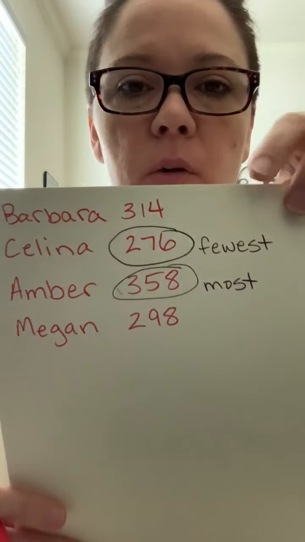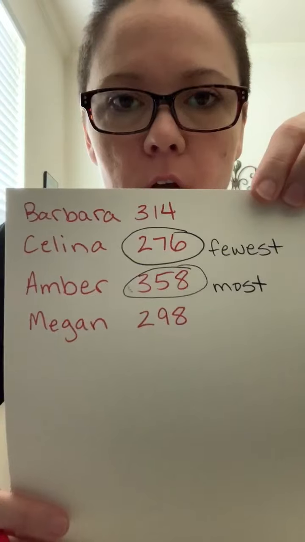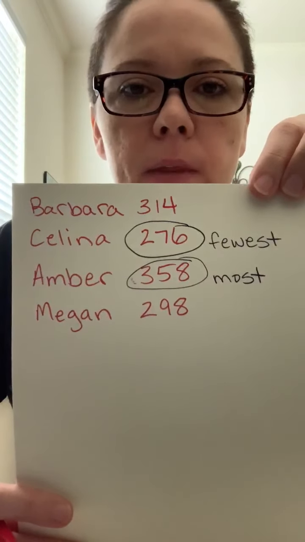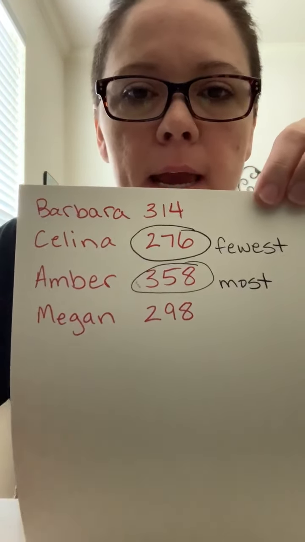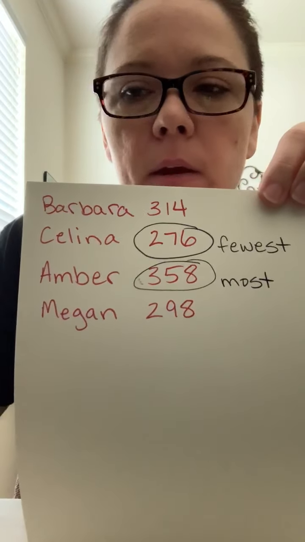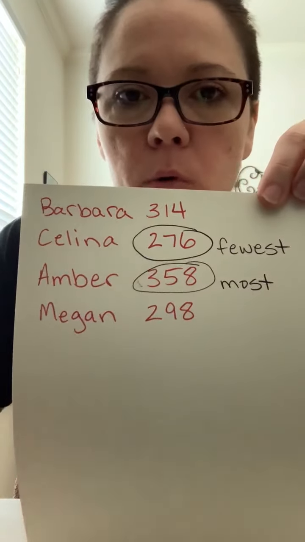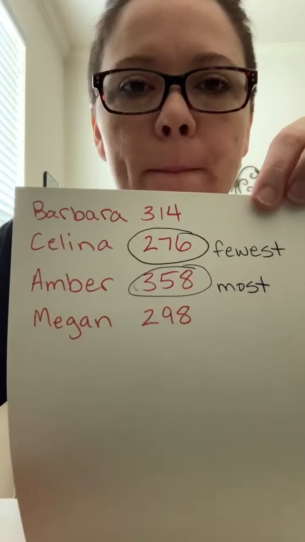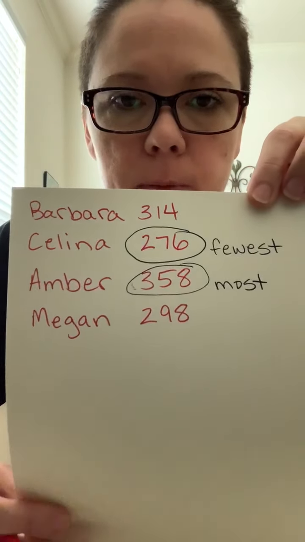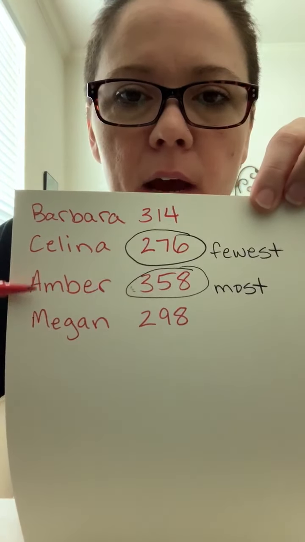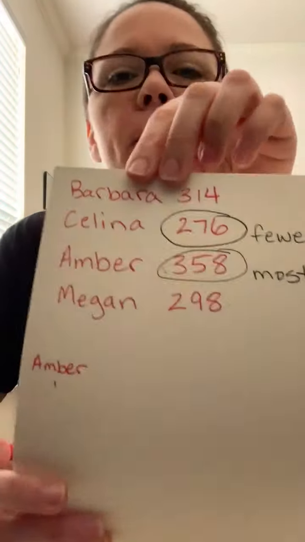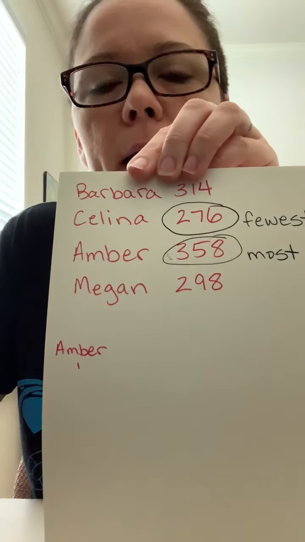Okay, now we're going to put them in order from who has the most. That's going to be the first one that we write, and then we're going to keep going until we put them all in order from most to fewest, or biggest to smallest numbers. So we already figured out that Amber has the most, so that's going to be the first one on our list. And I'm going to put a number 1 right there. Amber has the most.